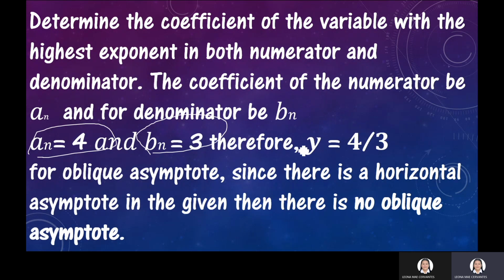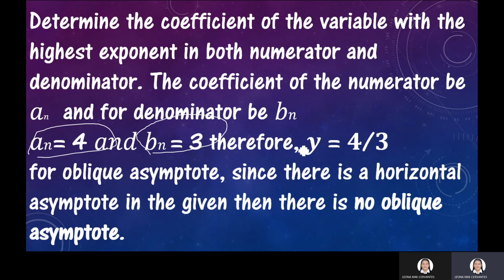Then, based sa formula natin, y is equal to a sub n over b sub n. So, magiging 4 over 3. Then, kung kaya pang i-simplify, for example, ang coefficient is 4 over 2, a sub n is equal to 4, then b sub n is equal to 2.